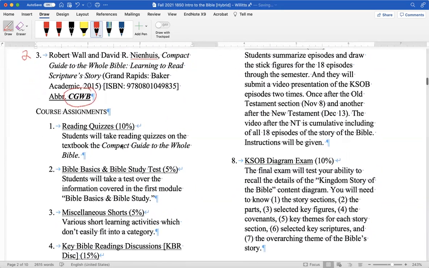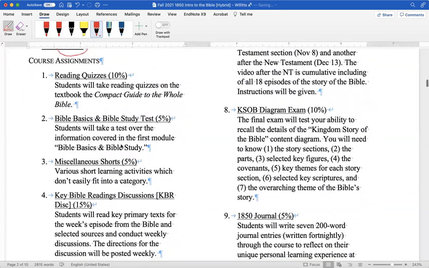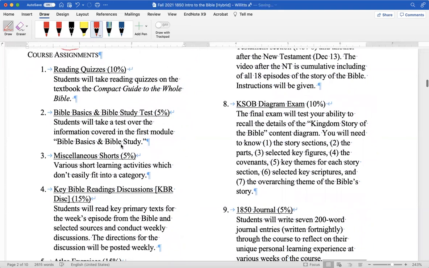Now, the next category is one that is most important for our purposes to understand what the course is going to require. And as I mentioned to you earlier, because this is a hybrid course, because we only will meet face-to-face, in person, seated in chairs, once a week on Mondays, there are going to be more assignments, more learning activities required of you outside of that time, which only makes sense.